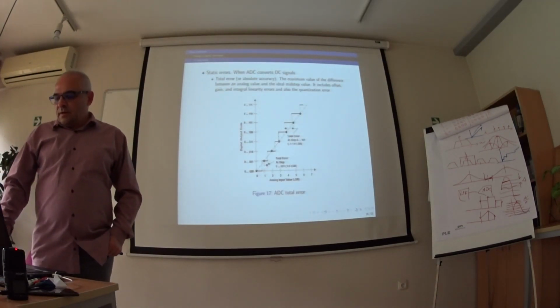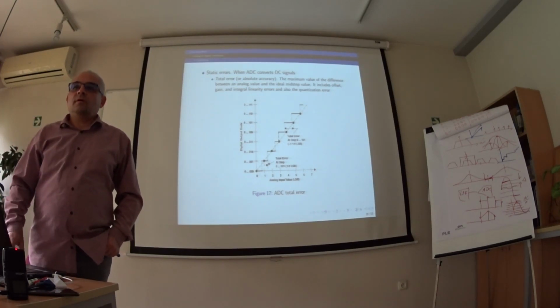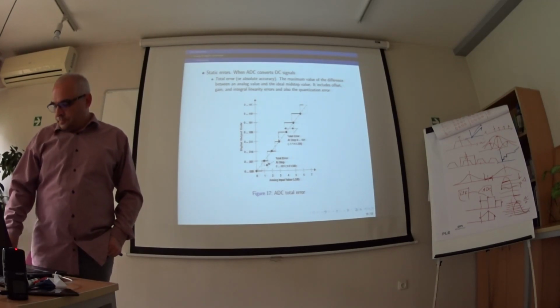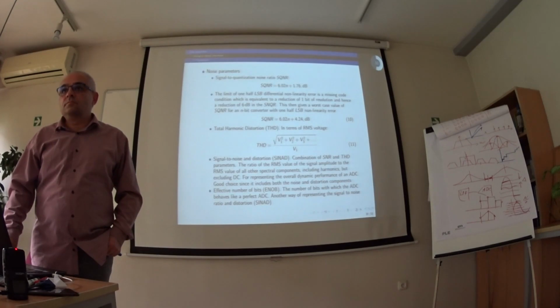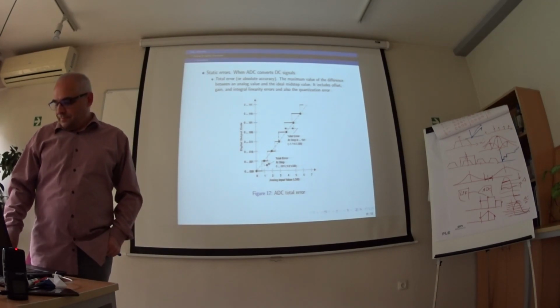And the last error is the absolute accuracy. It includes all mentioned up to here. The maximum error: integral nonlinearity, offset, gain error, and so on. The nature of all of these is actually instrumental. Yes, always.